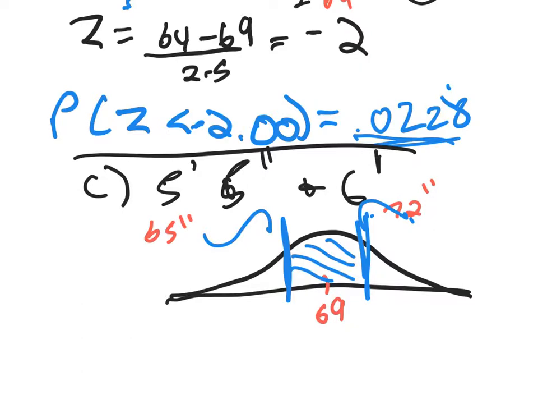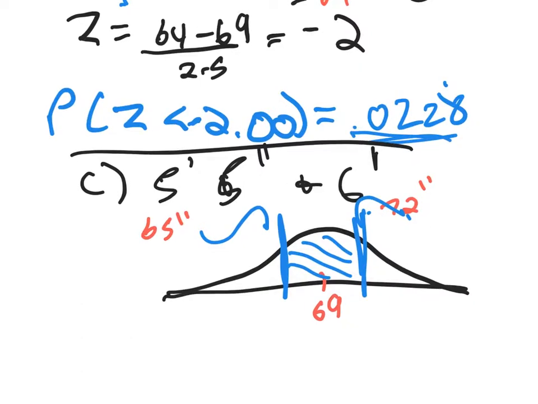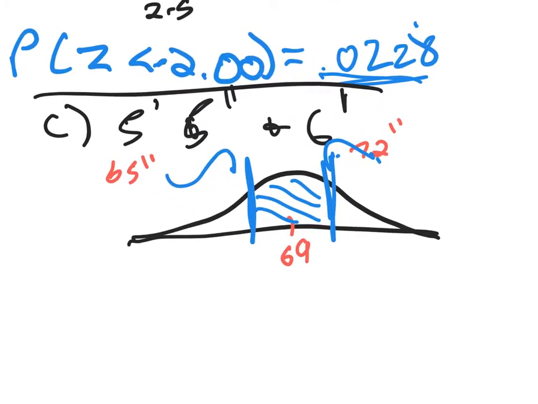All right, guys, by hand, this is a lot of work. I need you to pay attention to this because you're not always going to get to use your calculator when I'm giving you quizzes and tests. Yes, on the AP test, you would use the calculator. It's a lot faster. But I have to teach you the concept. Here's what I want you to think of. I want the area that's in between these two goalposts. So first of all, I'm going to think about all the area that's to the left of the 72 inches.